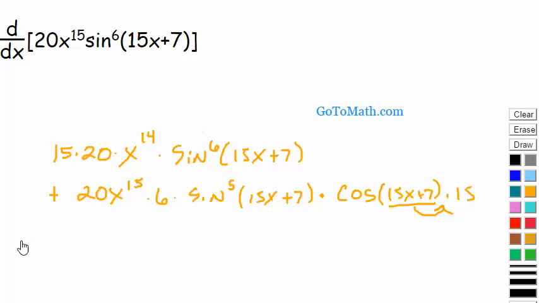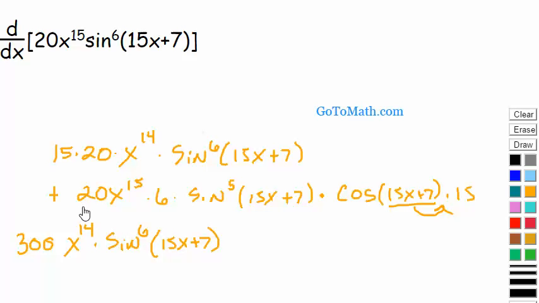So let's go ahead and start writing this out. We got 300x to the 14th times sine raised to the 6th of 15x plus 7.